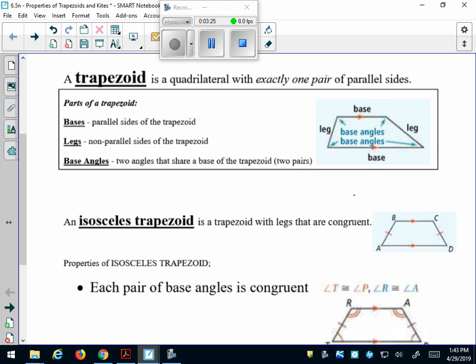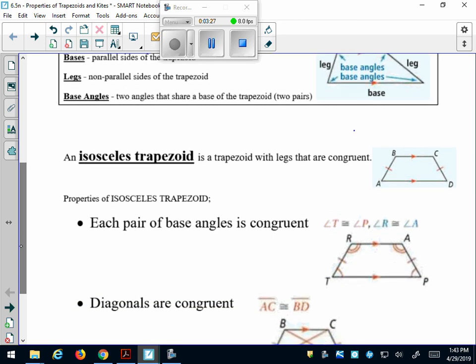The only time you're going to have a relationship amongst those base angles is if you have this special type of trapezoid called an isosceles trapezoid. Just like isosceles triangle means two sides are congruent, same thing with isosceles trapezoid. Two sides are congruent, and it's going to be the two non-parallel sides.